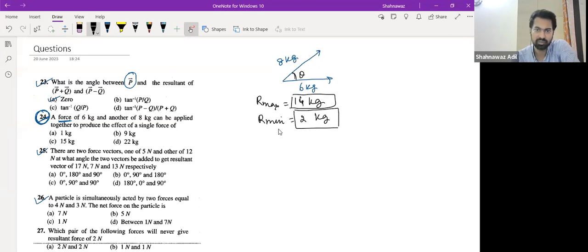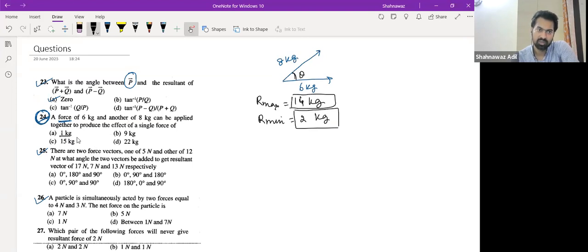Is that clear, guys? Yes, sir. So can this 1 kg be the case? Can this value give the resultant of 6 and 8?